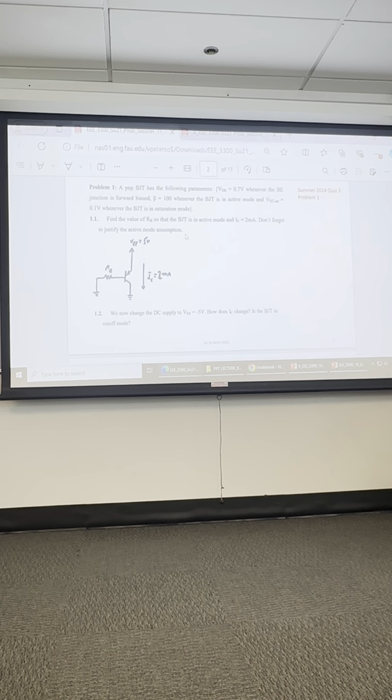So how do we proceed, given the schematic? The question said find this resistor in the base that will cause I sub C to be 2 milliamps, and the transistor will remain in the active mode.